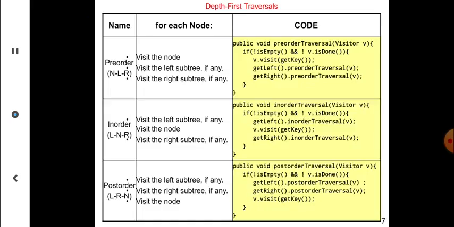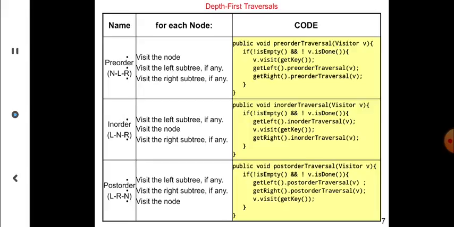So in the depth first traversal, as you see, we basically have three types. One is called pre-order. That means we visit the node first, then visit the left subtree, if any, and then visit the right subtree, if any. But please remember, depth first traversal is based on subtrees. So pre-order we go node, left, right.